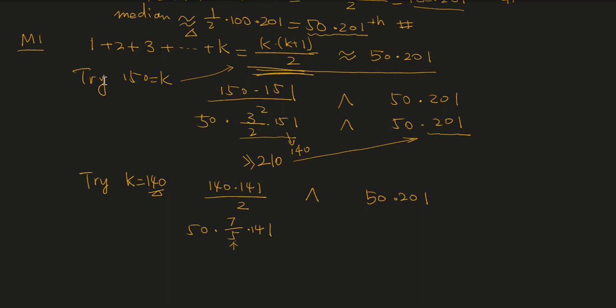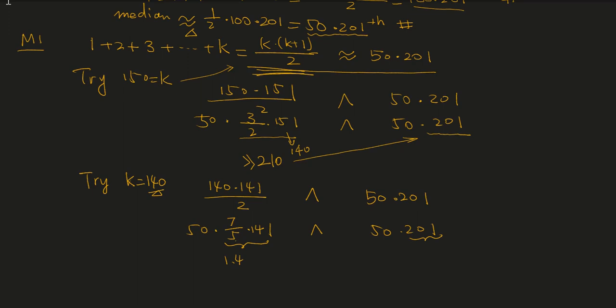And then compare with 50 times 101. Therefore, we only need to compare this part with this part, right? On the left hand side, we have 7/5, that's 1.4, and 141.